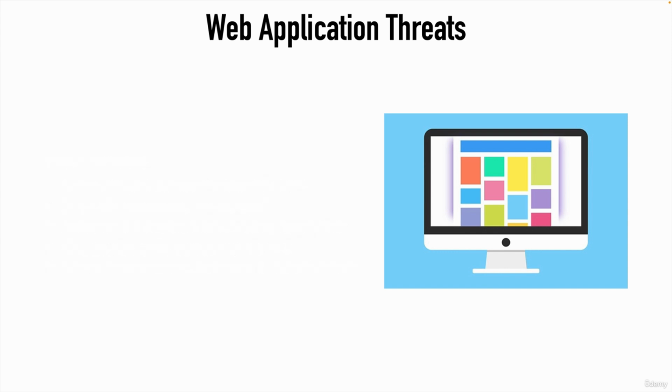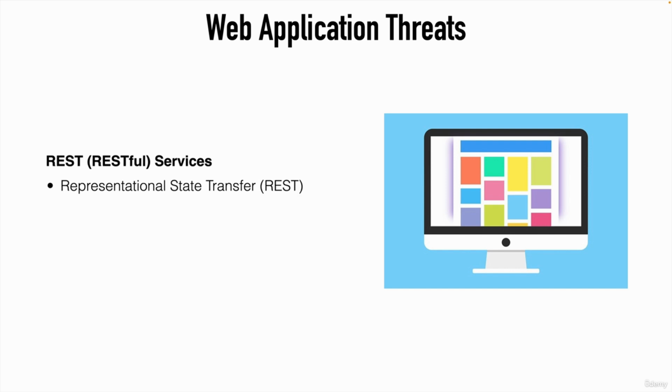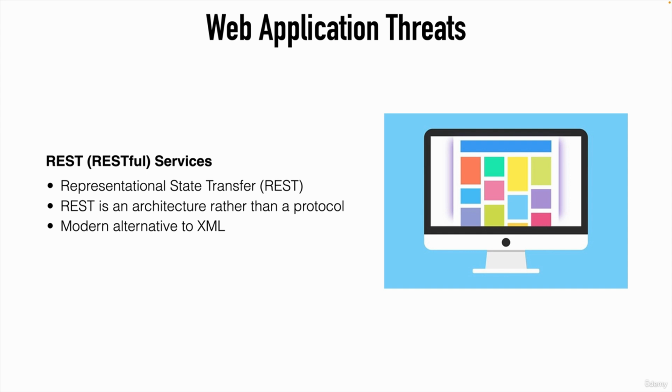And we also have REST web services, otherwise referred to as RESTful web services. REST stands for Representational State Transfer. Whereas SOAP is considered to be a protocol, REST really is more of a complete architectural approach to web services. This is a more modern and lightweight alternative to XML.